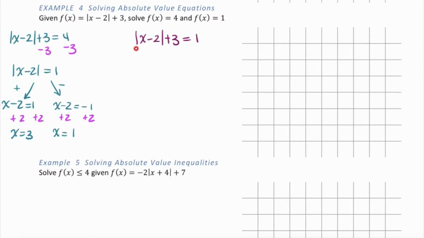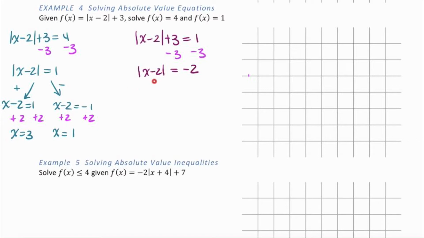Now let's go ahead and solve our second equation. Let's start again by subtracting 3 from both sides to end up with the absolute value of x minus 2 equals -2. And before we continue and try to split this into a positive case and negative case, let's ask ourselves a quick question.